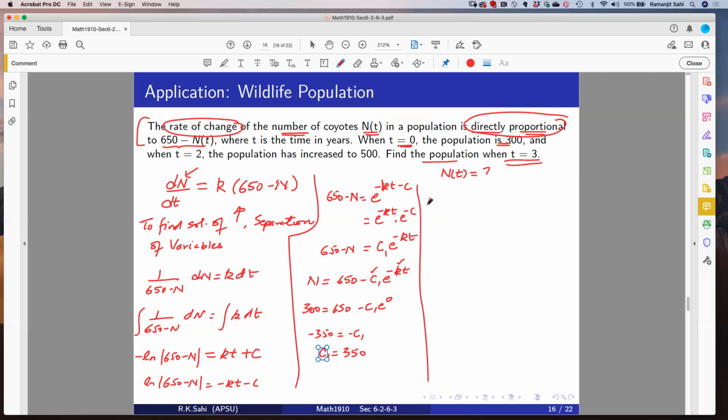Okay, so what is the solution? n is 650 minus 350 e to the power negative kt. Let's write it down again.